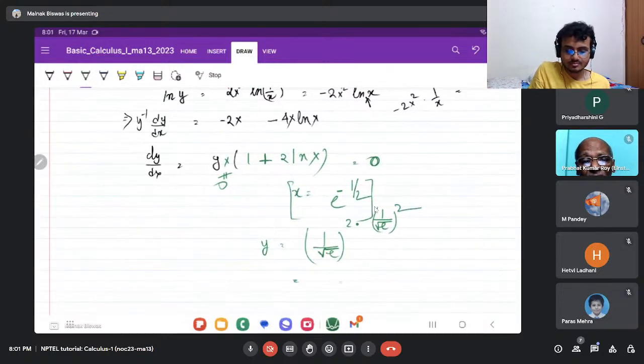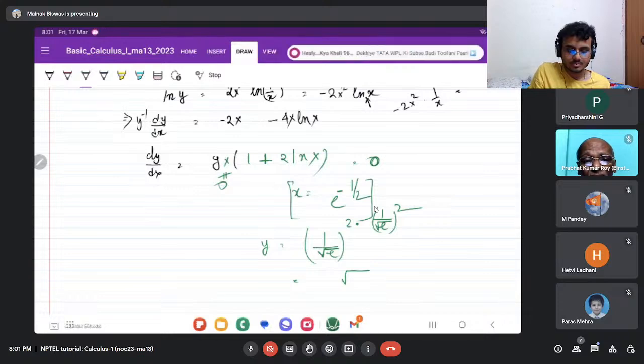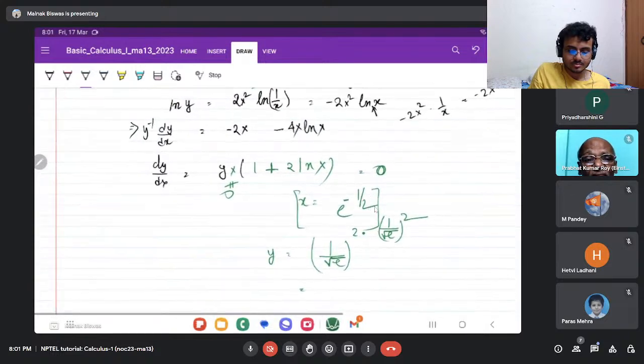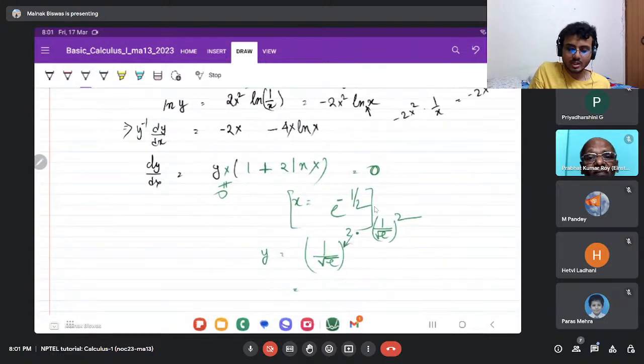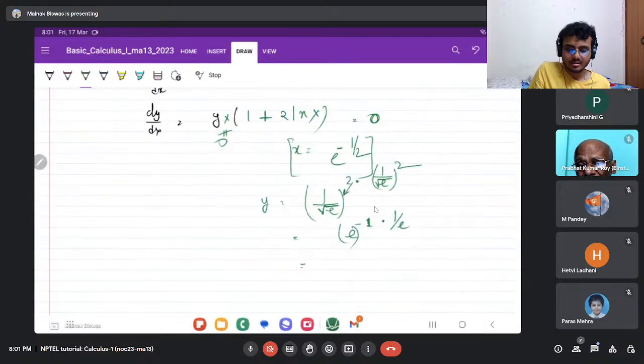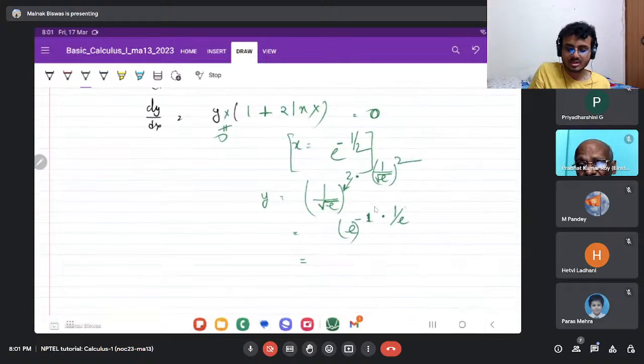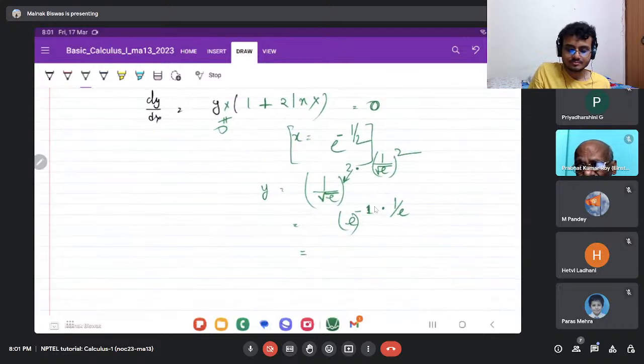So I can take 2 inside, so I get e to the power minus 1 into 1 over e, right? So this turns out to be e to the power 1 by e.